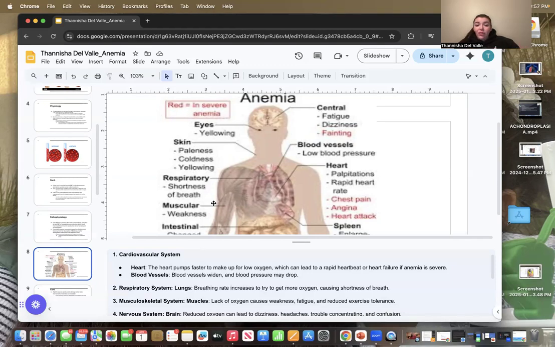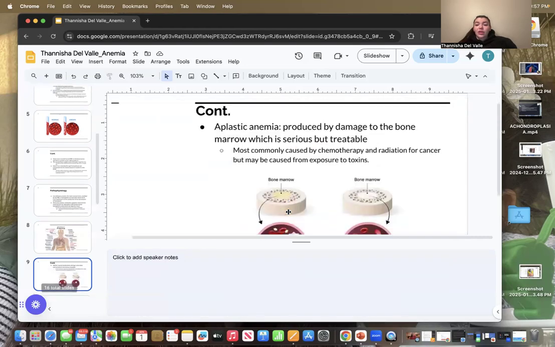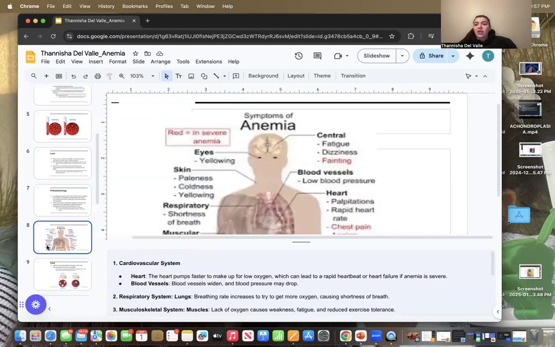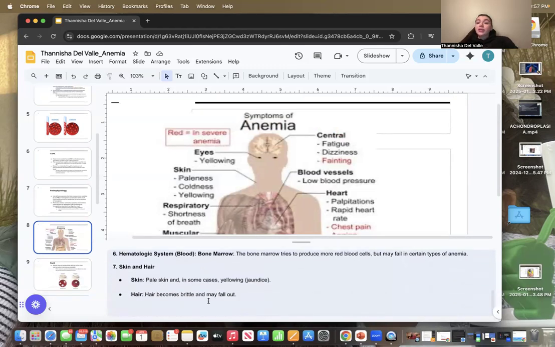The skin: pale, cold, yellowing. And intestinal: the stool may change color, so it might turn a brown, constipated-looking color, like it's been sitting there for a while. With skin and hair, again, your hair may become brittle and may fall out.